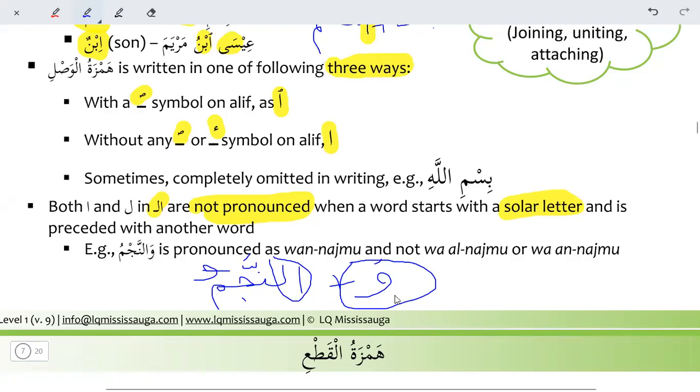So if there is a letter before the alif lam, and that alif lam is followed by a solar letter, then we will not pronounce alif and lam. Both we will not pronounce. We will pronounce this waw with noon, wan najmu. So here alif and lam both we will not pronounce.